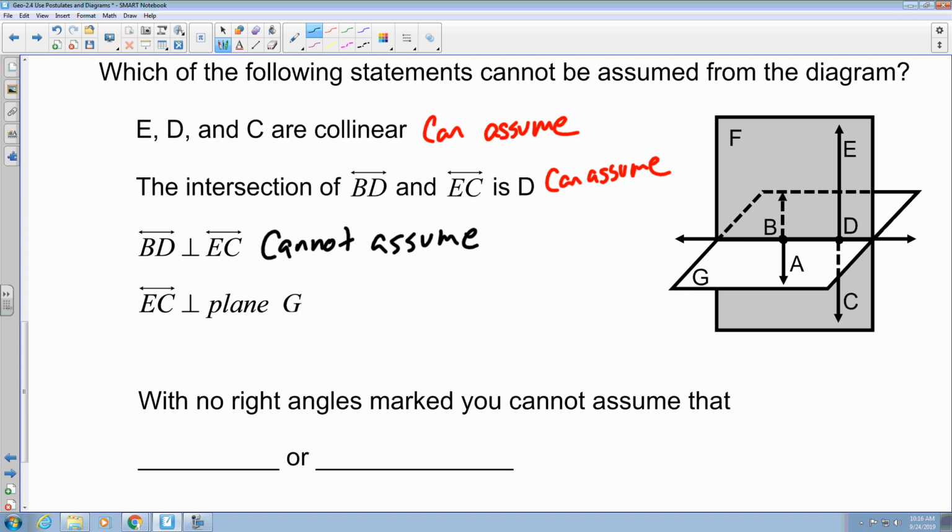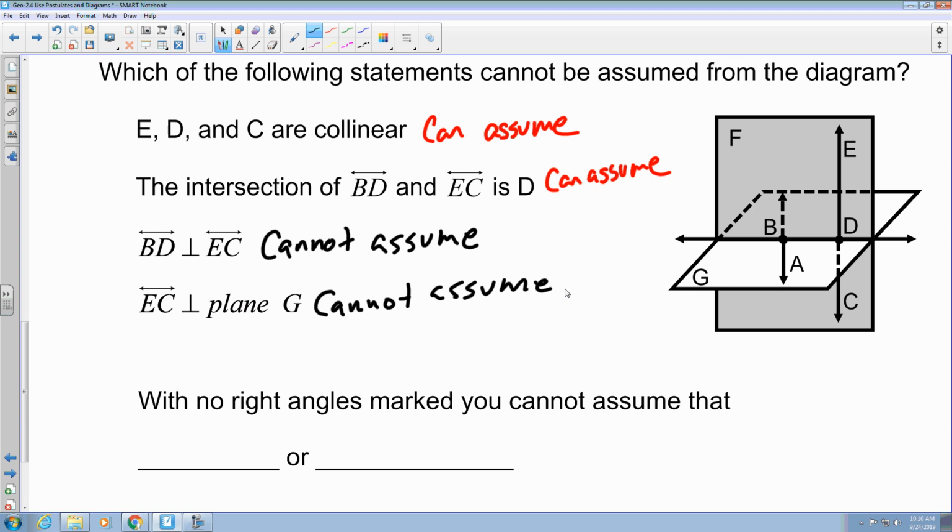And then here it says EC is perpendicular to plane G. All right, again, this is another one where we cannot assume, because just like in the previous statement, there is no 90-degree angle mark. If there was a 90-degree angle mark like this, then we could make that assumption, but in this case we cannot.